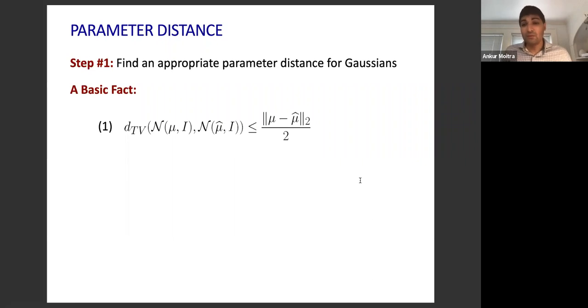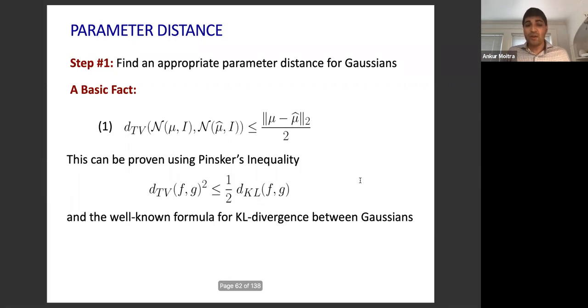Before I tell you why these types of things are true, this is a fairly intuitively obvious statement because when I have 2 high-dimensional Gaussians, the only differences between them really occur along the line connecting their centers. So this is completely a 1D problem. But the way that you prove these things is there's something called Pinsker's inequality that relates the total variation distance to the KL divergence between Gaussians.